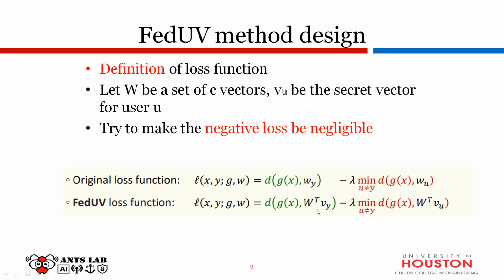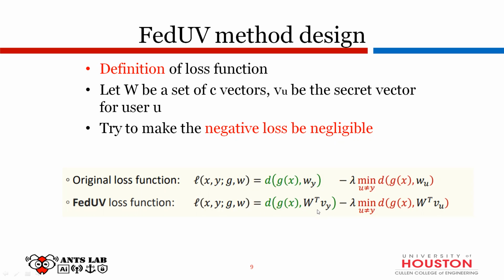Comparing the original loss function with their proposed method, they just used the big W transform VY to replace the true user embedding vector. I see the VY here in their paper is the random vector you mentioned.